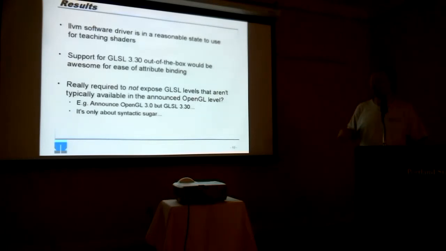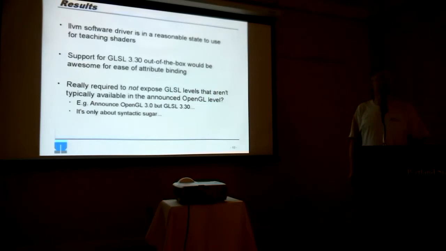Or could we just go ahead and allow 3.30 GLSL code to compile even though we only have a 3.1 core context?